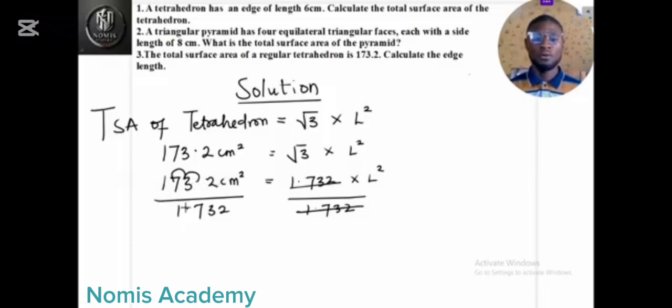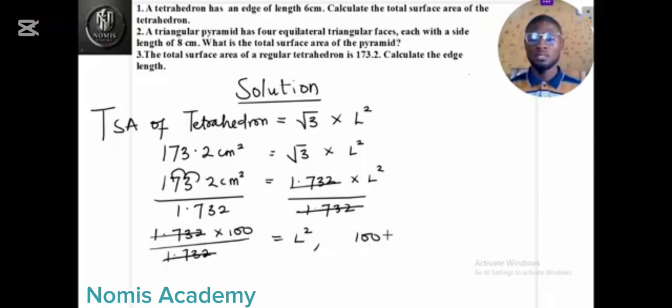Therefore, I'll have 1.732 multiplied by 100 all over 1.732 equals L squared. So this can cancel this, and I'll be left with 100 centimeters squared equals L squared.